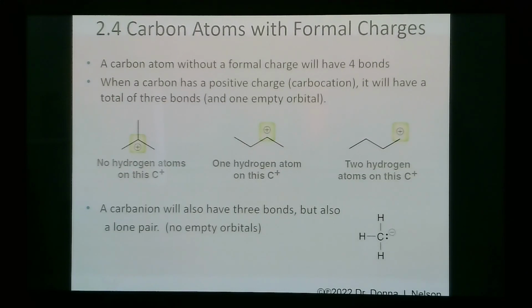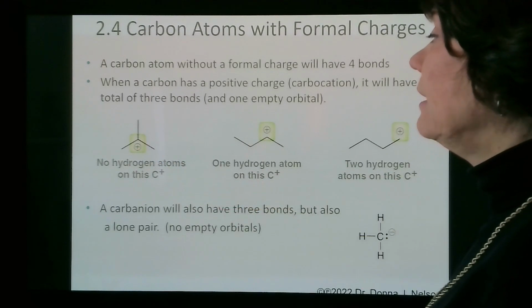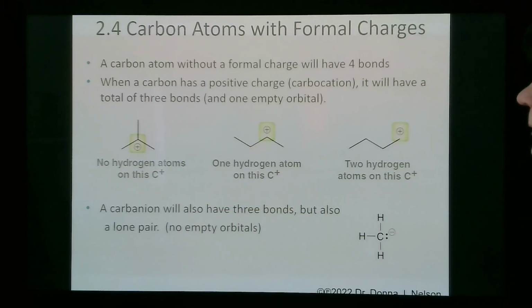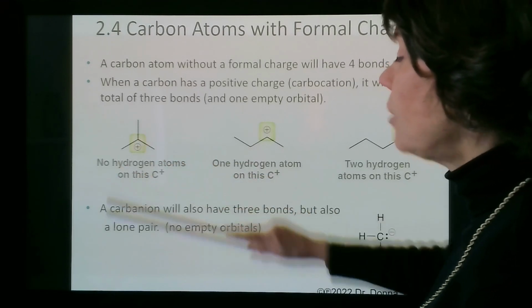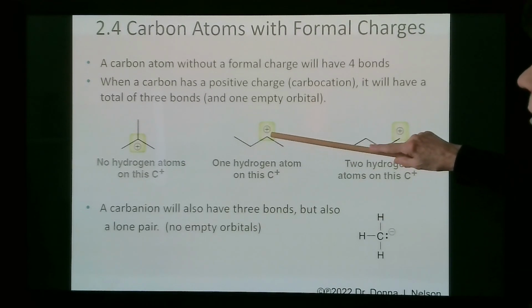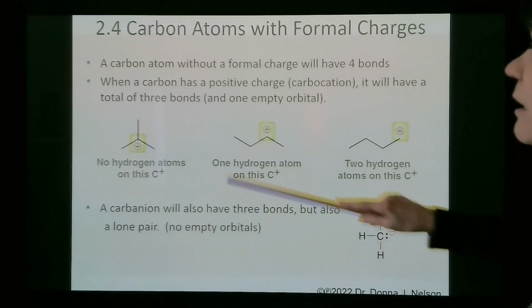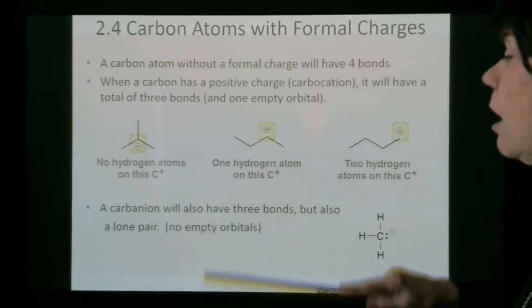So, carbon atoms with formal charges. One example is a carbocation, where a carbon is bearing a positive charge. Now it has a total of 3 bonds. It's lost a pair of electrons, and so it has lost a bond when it lost that pair of electrons. So here there is no CH bond because the 3 bonds are shown.